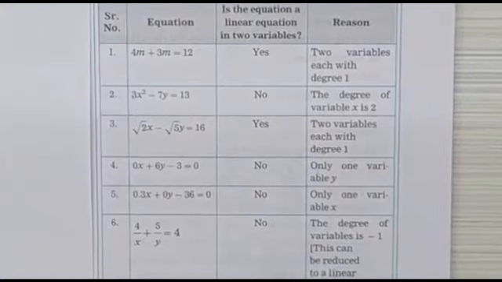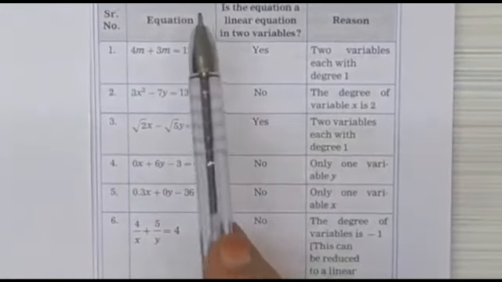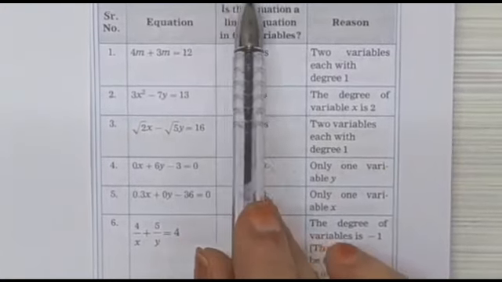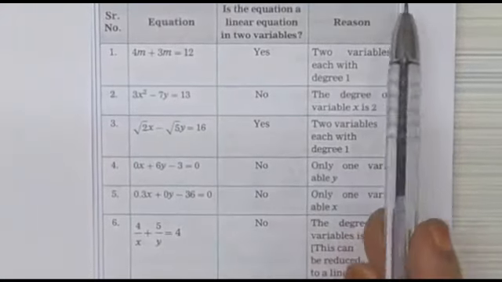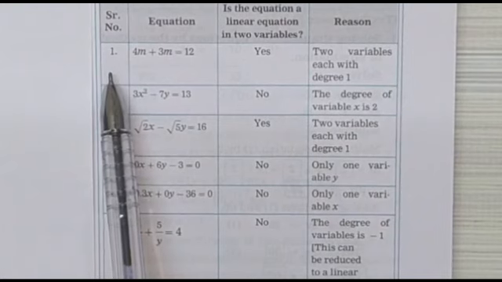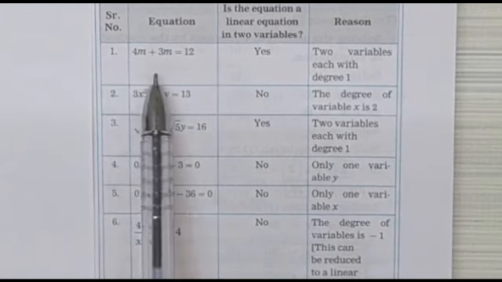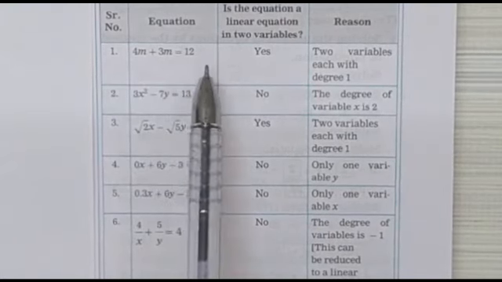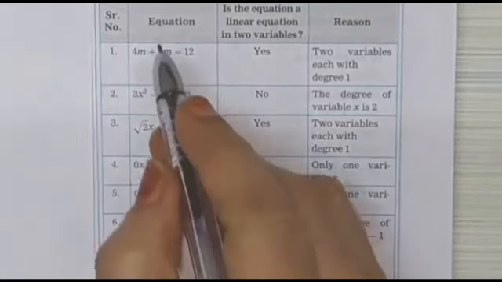Now we are going to start one activity. In this activity, we have to complete the following table. The first linear equation is 4m plus 3n is equal to 12.